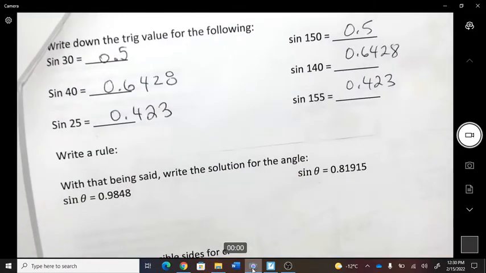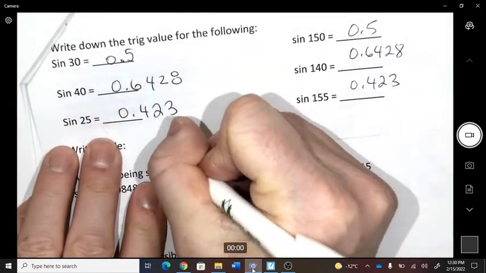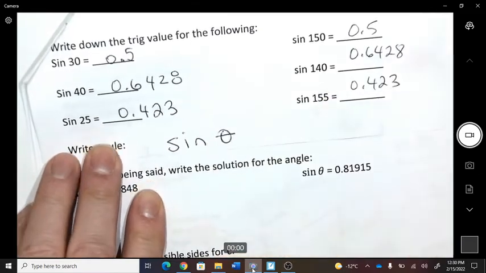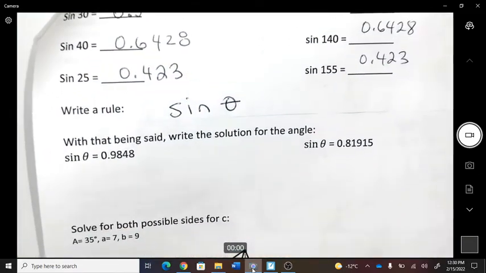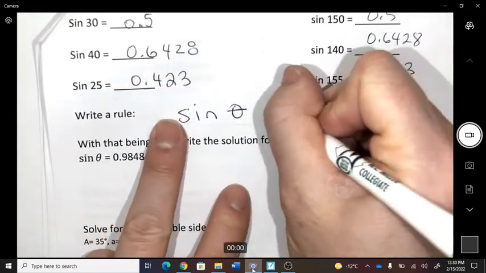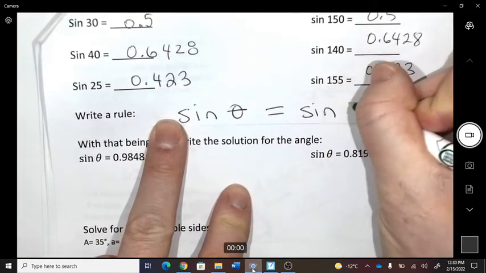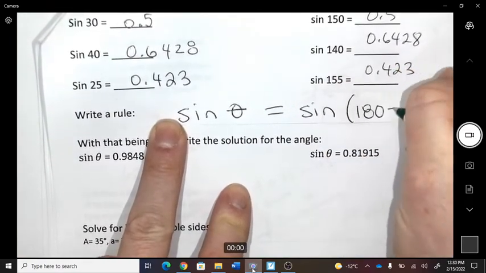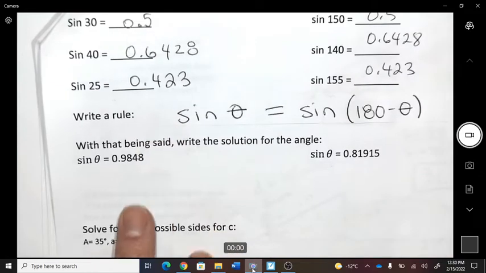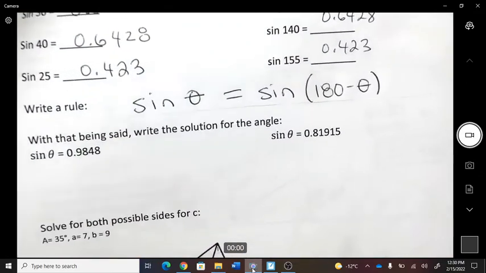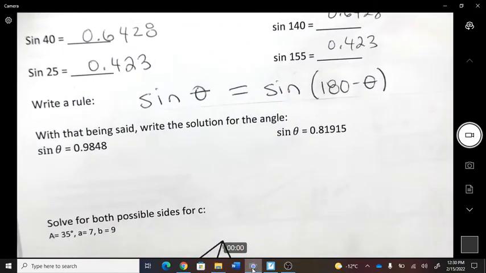Okay, so here's the rule. The sine of any angle should be the same as the sine of its supplementary angle. Do you want to test it?